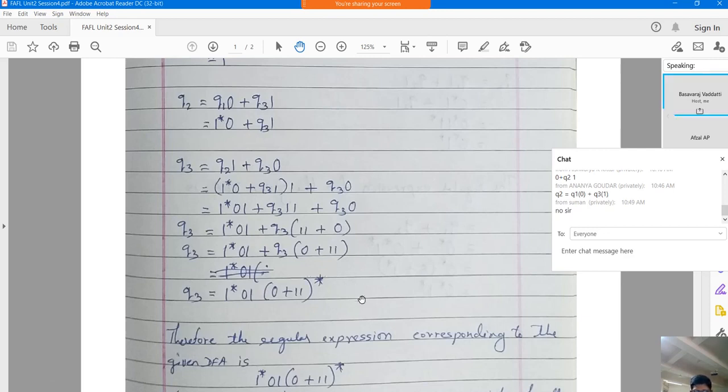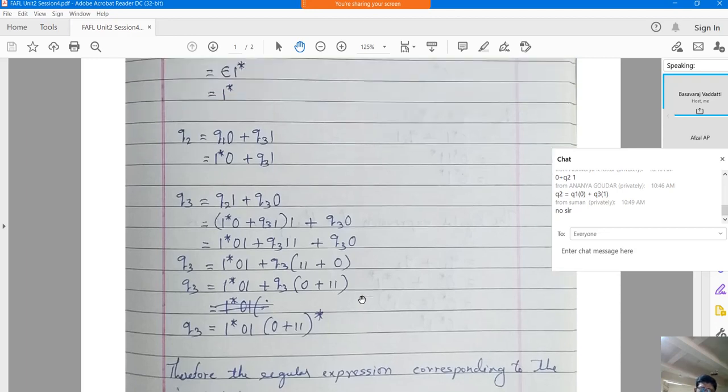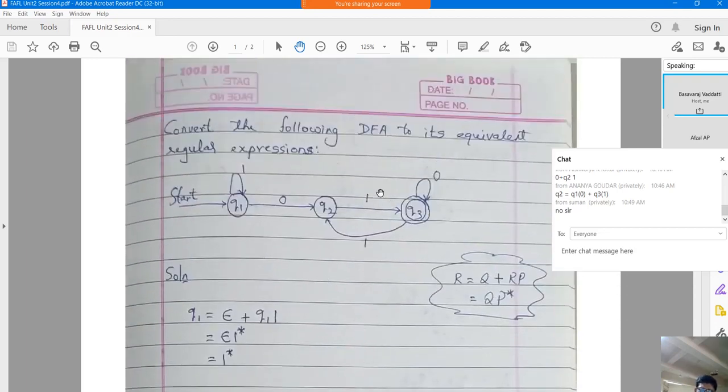Then what is the important conclusion here? The regular expression for the DFA is what? Whether the regular expression for Q1, or for Q2, or for Q3. The regular expression for the DFA is the regular expression corresponding to the final state.